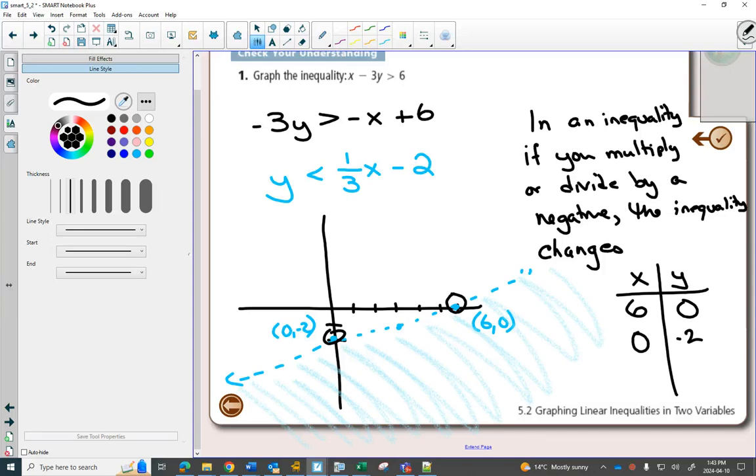Can you see that this would be 6 minus pi on this side? And this would be negative 3 times pi, about negative 9. Is negative 9 greater than about 2.8? False.